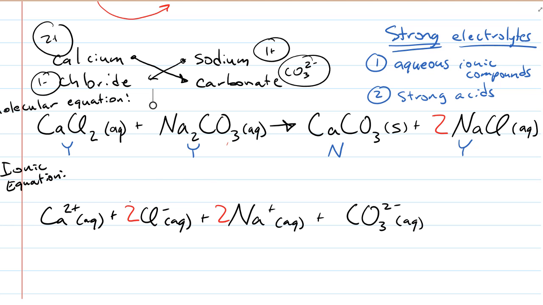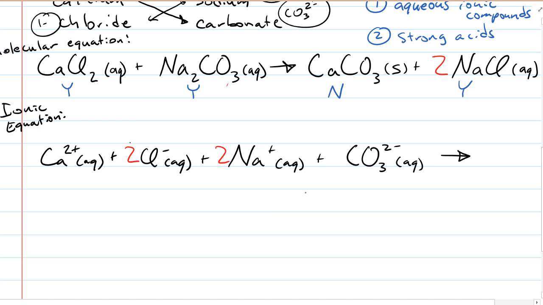And then we're going to show the products. The products of this reaction are calcium carbonate, and that doesn't get separated because we're only separating the strong electrolytes. So anything that's not a strong electrolyte stays intact. And then we have sodium chloride. How many sodium ions are we showing? 2 of them.